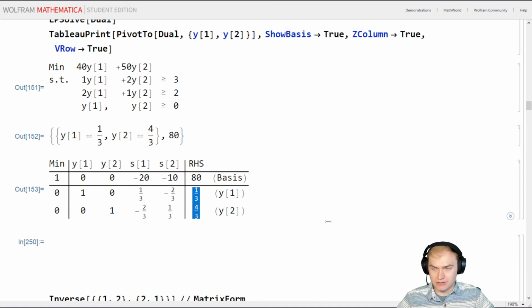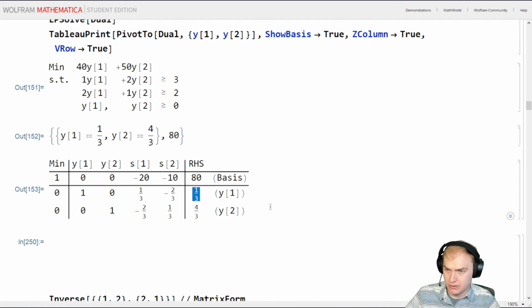We get that we would pay $1/3 more an hour for laborer 1, correction.